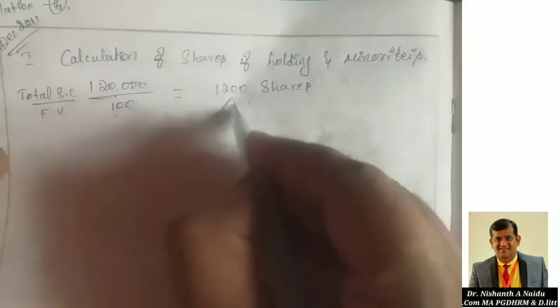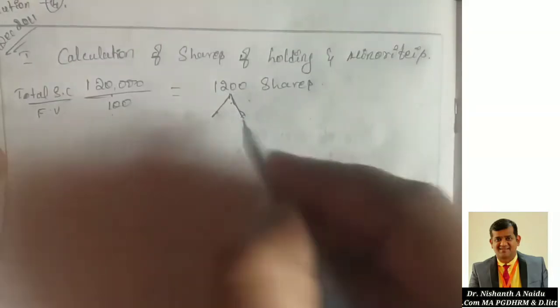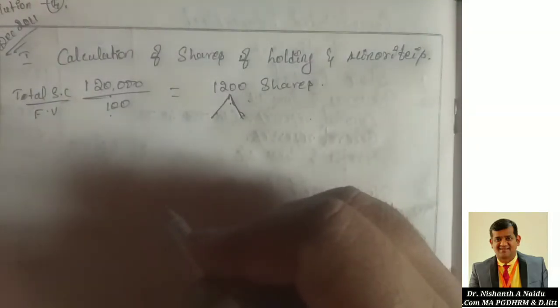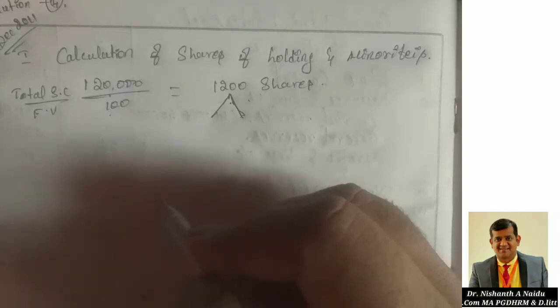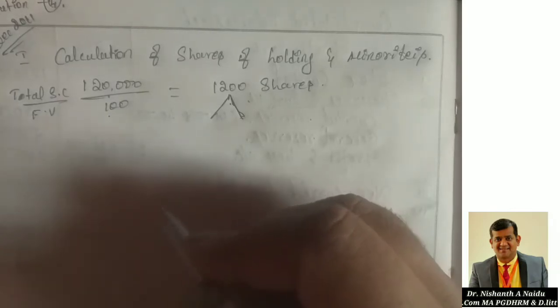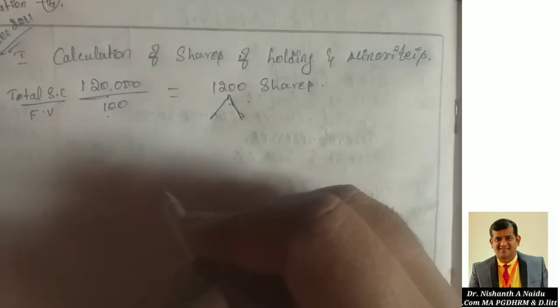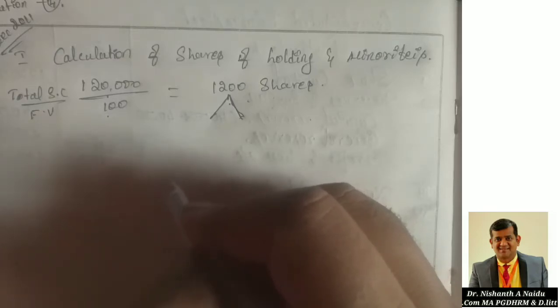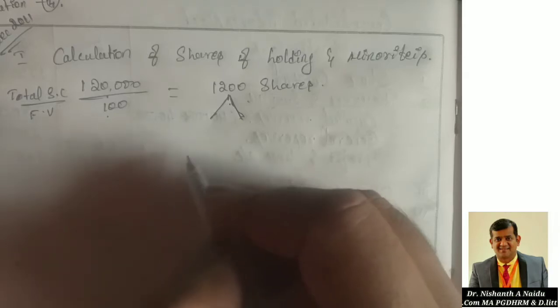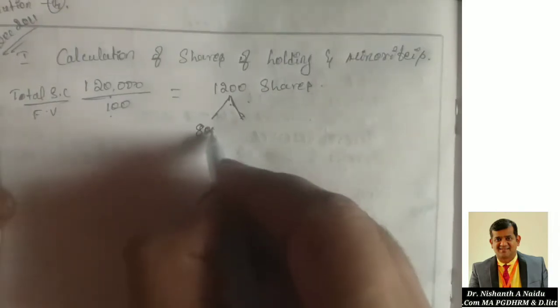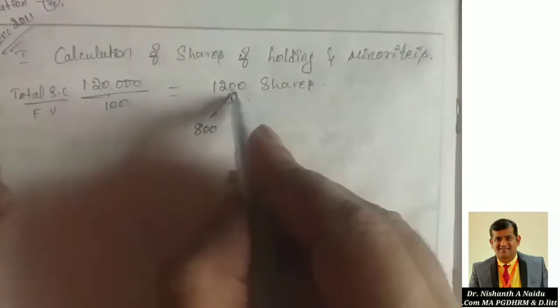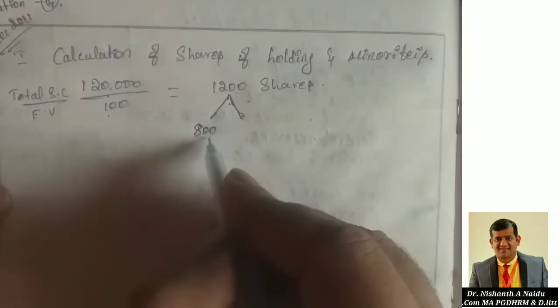Now we have to check the minority and majority interest. To know that, look at the asset side and check the number of shares purchased by H company limited. On the asset side it is there, investment 800 shares in S company. How many shares? 800. 1,200 minus 800, how much do you get?